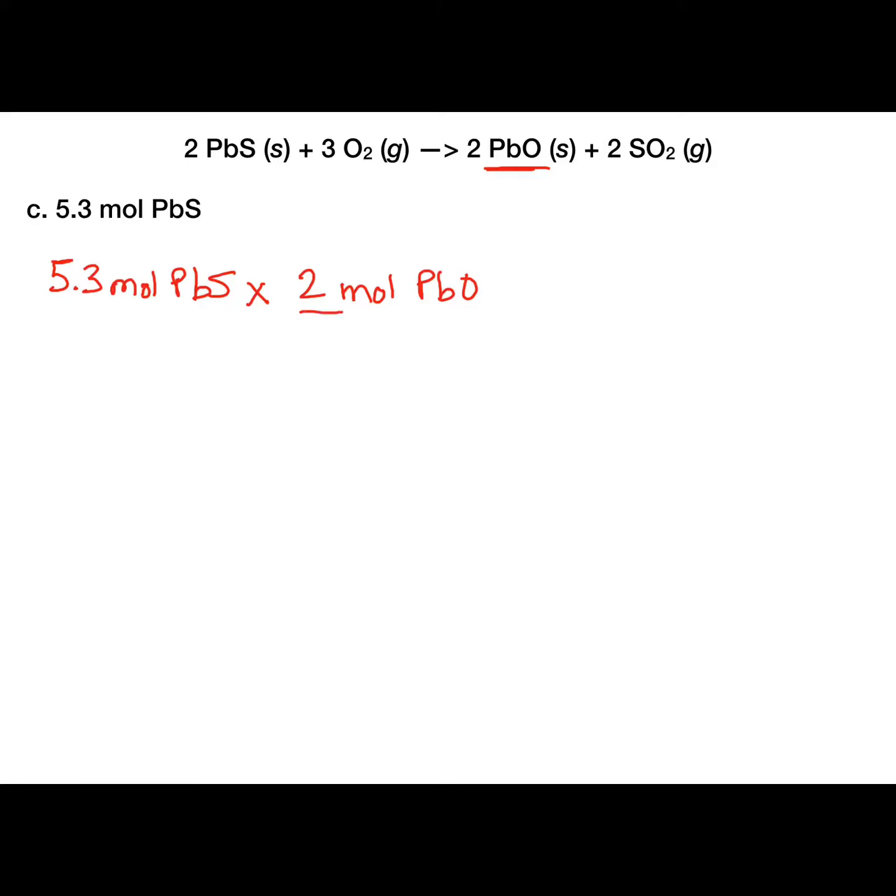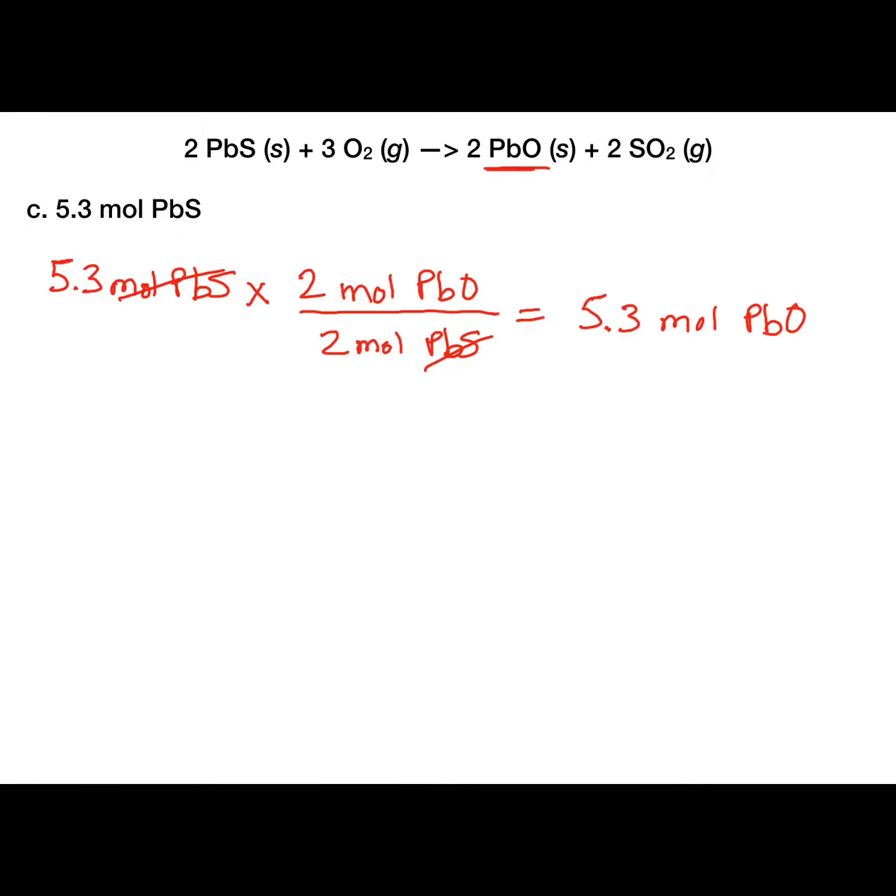Our moles of PbS cancels out. So we do the math, 5.3 times 2 divided by 2, and we get 5.3 moles of PbO.